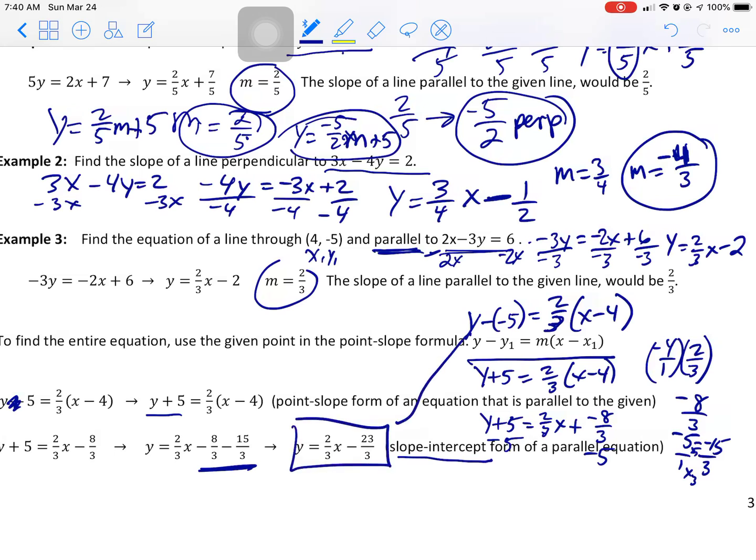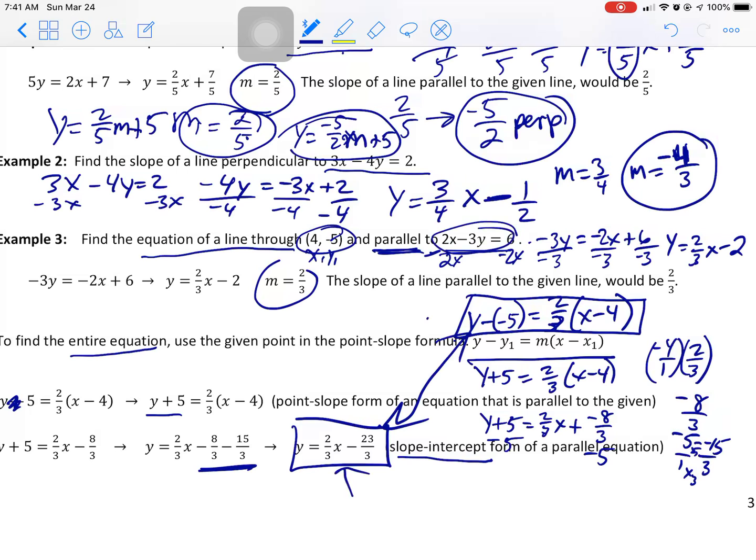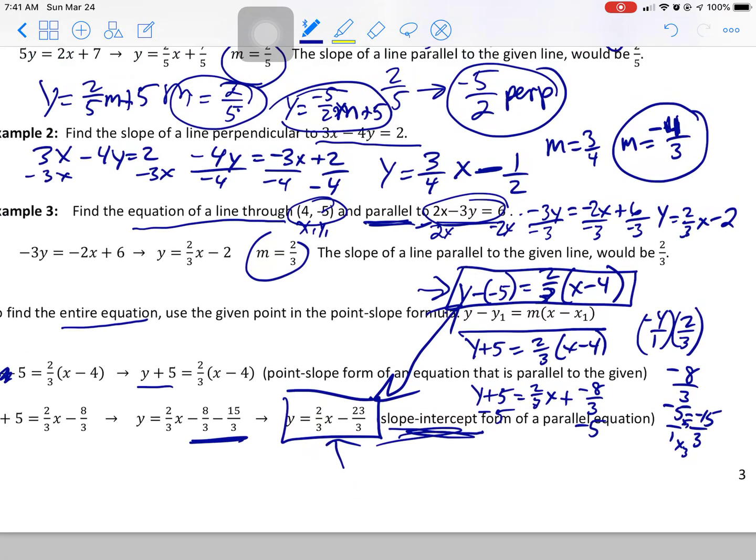That is this point slope form of the line in slope intercept form. Okay? That shows you an entire equation of a line that goes through this point that's parallel to that line. That's what it is. Okay? This is also what it is, but they want it in slope intercept form. Okay?